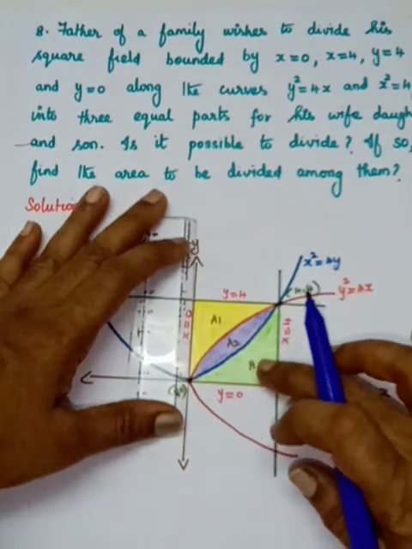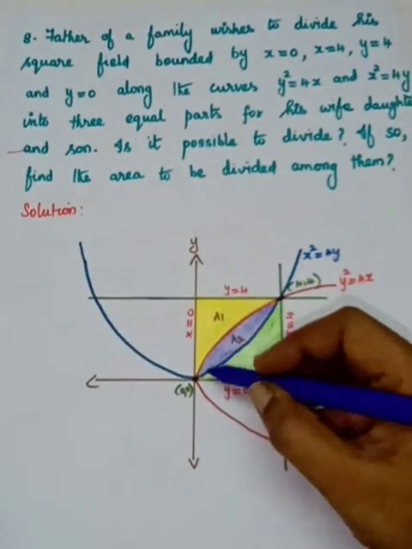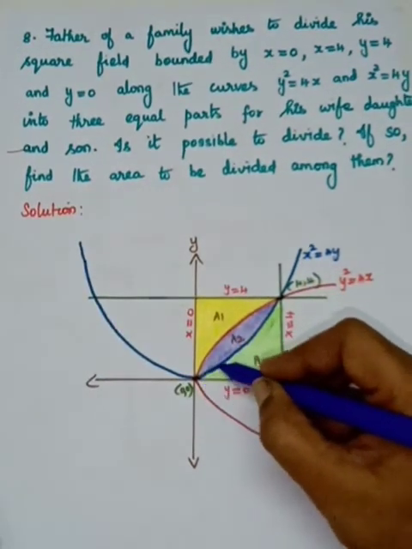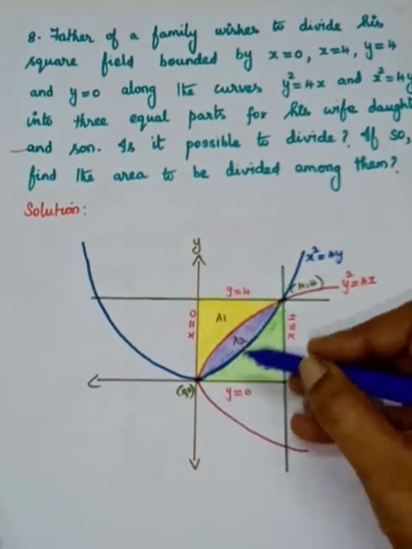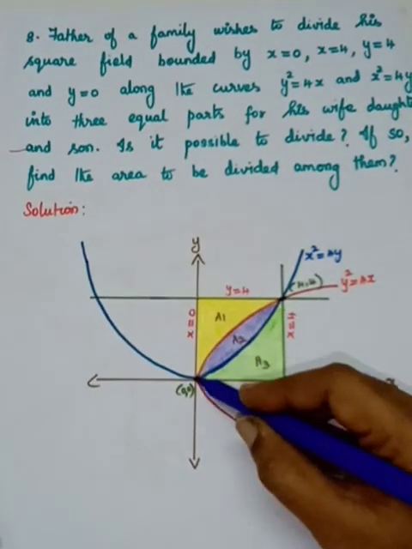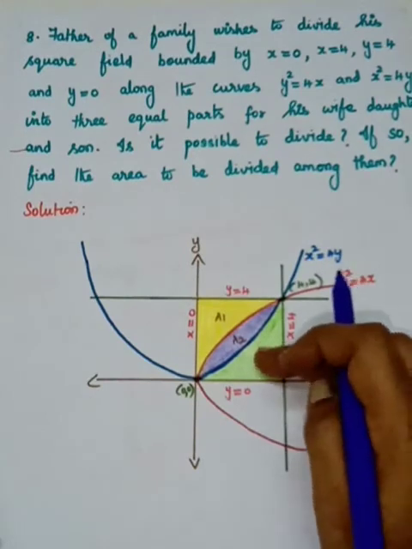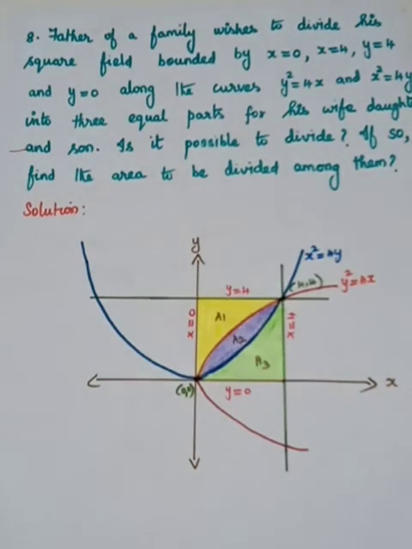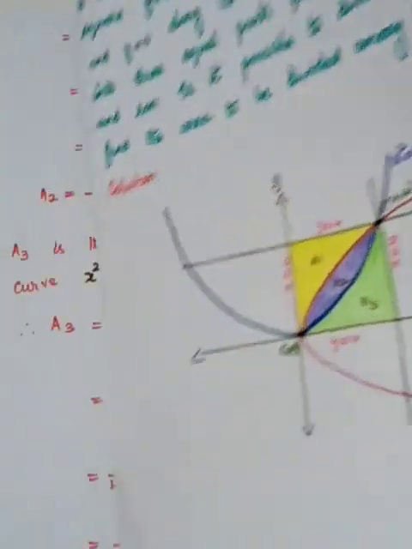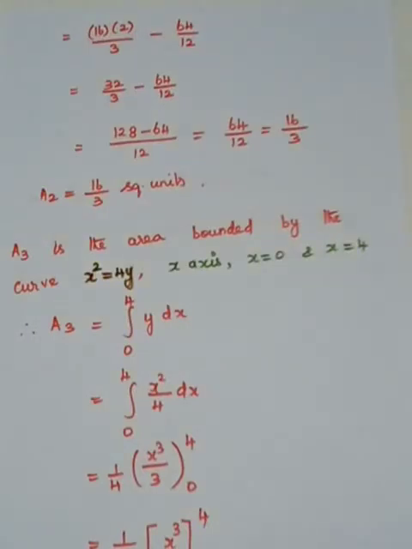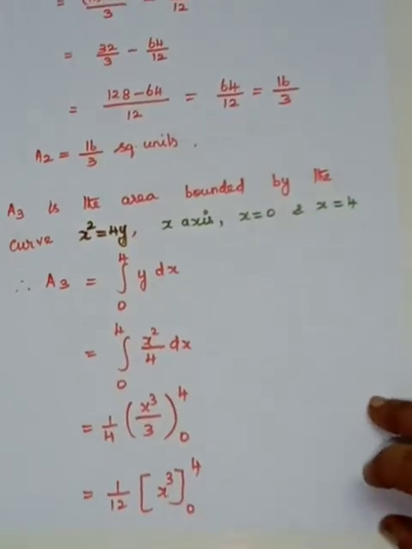But what is needed? You need the green color. So how to choose the axis? The area bounded by the blue color curve, x-axis, x equal to 0 to x equal to 4 will give you the green color. So for finding A3, you have to choose the axis as x-axis.